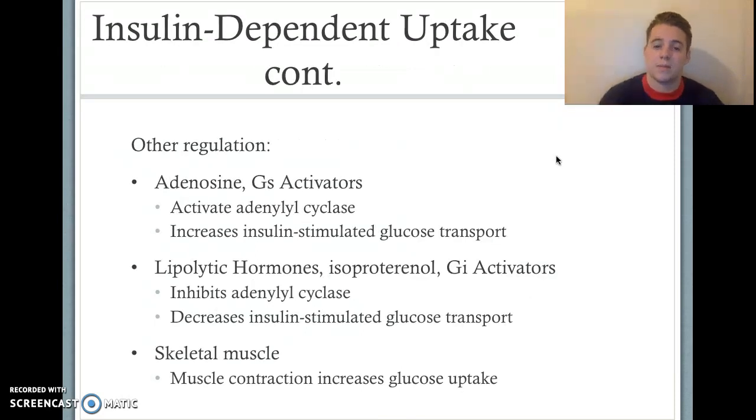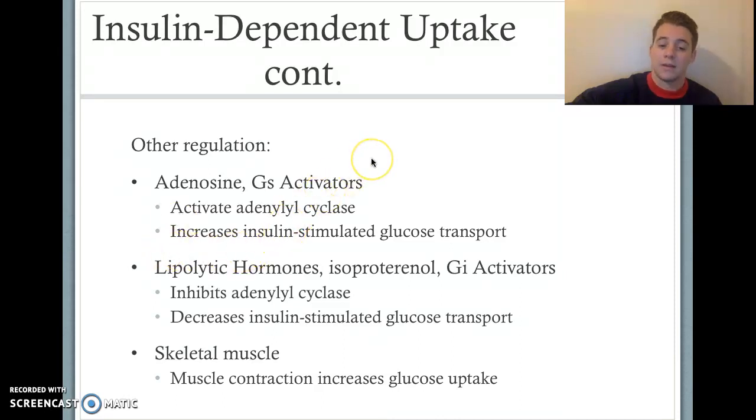Continuing insulin-dependent uptake, there are other forms of regulation of glucose uptake in the muscles and the fat tissue other than insulin, and that is adenosine or Gs activators. Gs is a GTP-coupled protein, and it will activate adenylyl cyclase, which, as you can see, is usually involved in those signal transduction cascades, and this will increase the glucose transport.